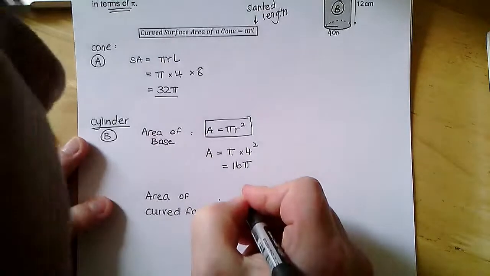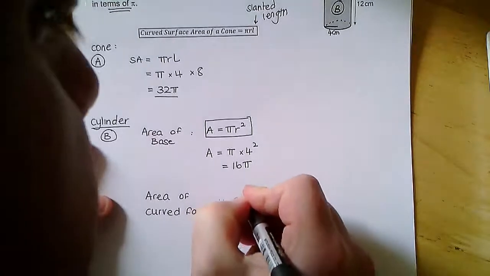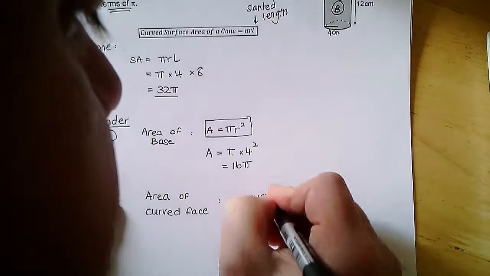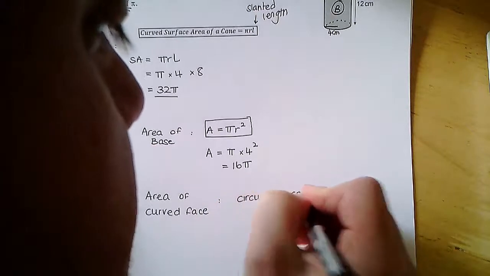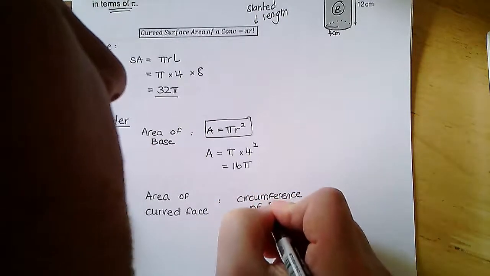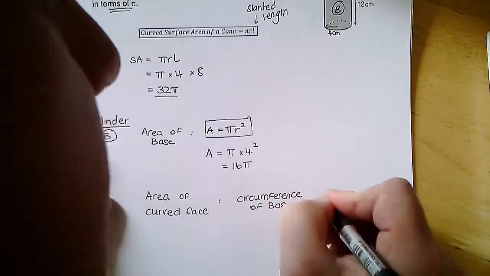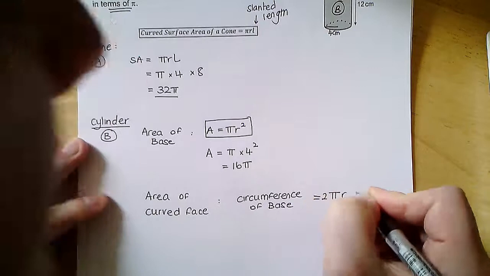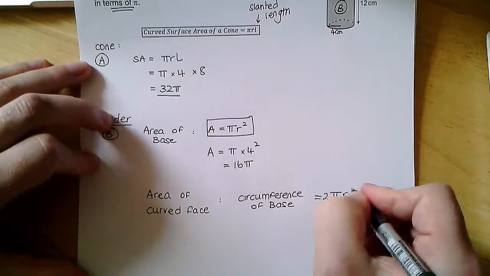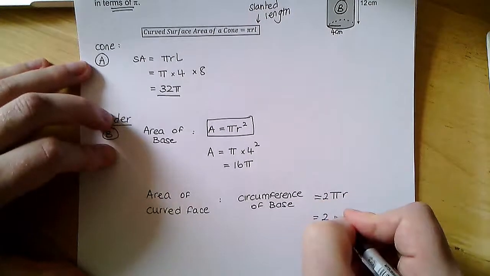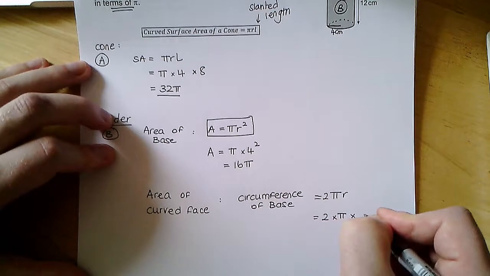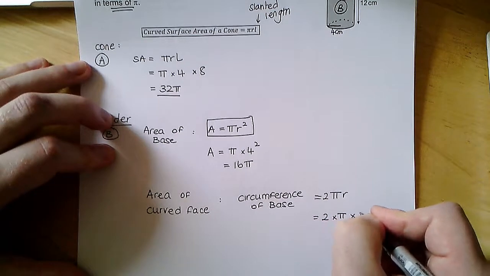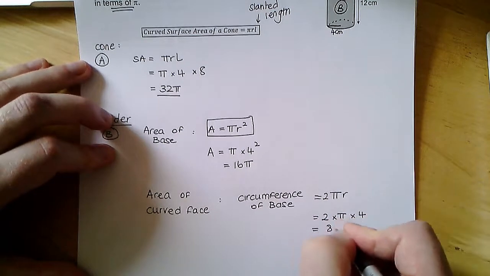So the circumference of the base is going to be 2 pi r, which is 2 lots of pi, lots of radius is 4, so that's 8 pi.